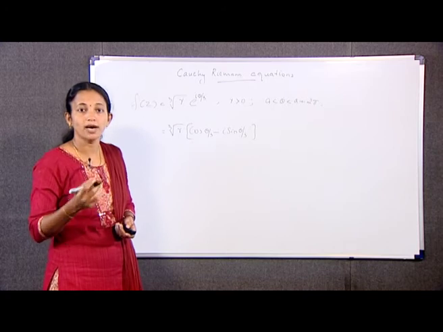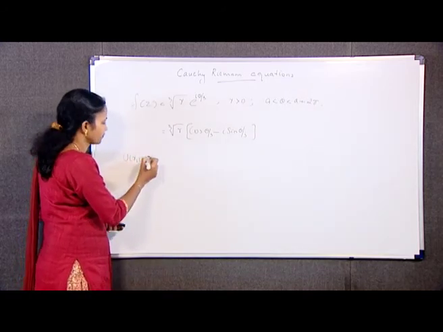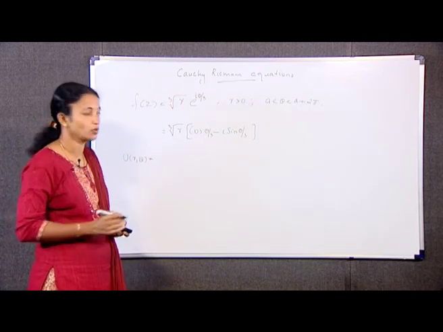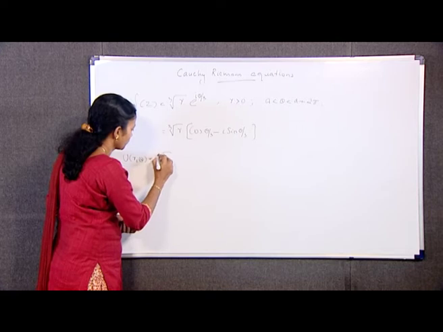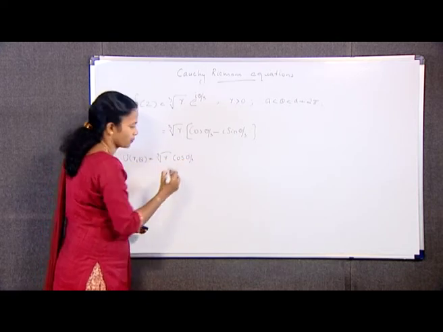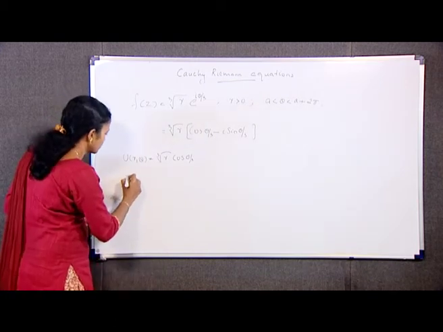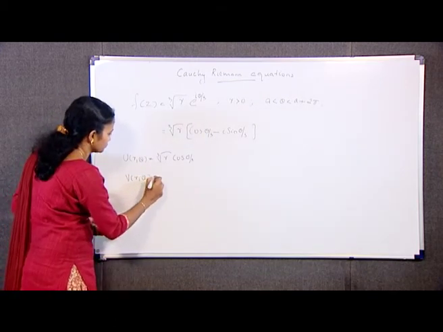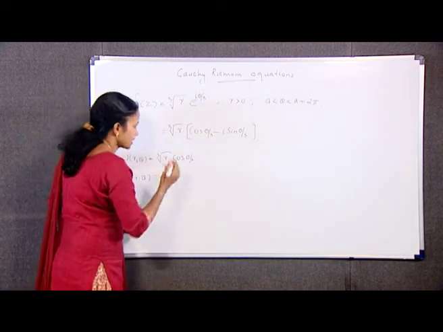Hence, u(r, theta) is equal to cube root of r into cos theta by 3, and v(r, theta) is equal to cube root of r sin theta by 3.